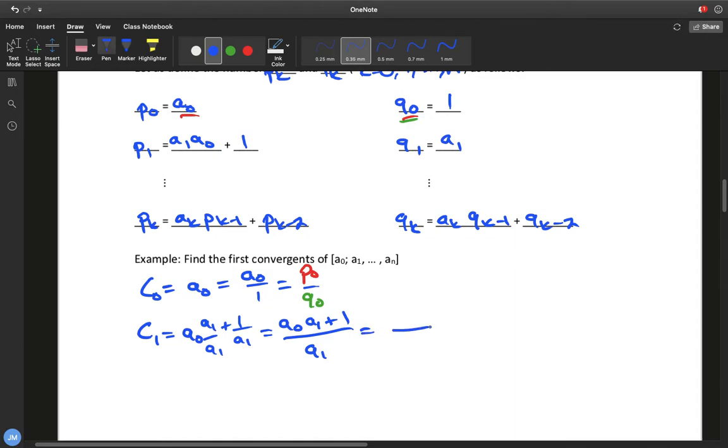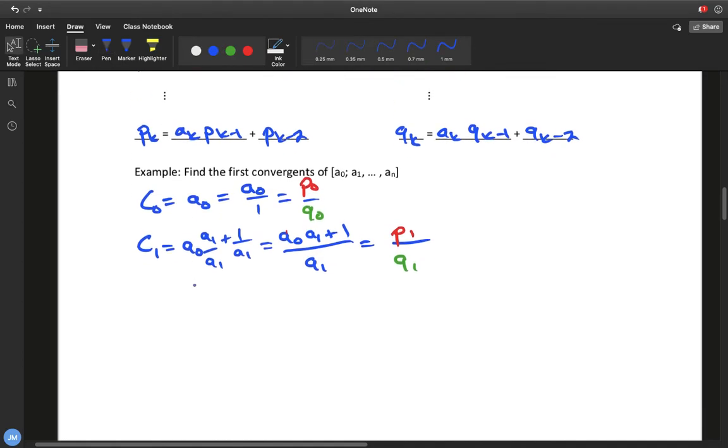You might be able to recognize the pattern starting, which is that the numerator, A sub 0 times A sub 1 plus 1, is exactly the same as P sub 1, and that the denominator, A sub 1, is exactly the same as Q sub 1. So let's go ahead and continue with this.